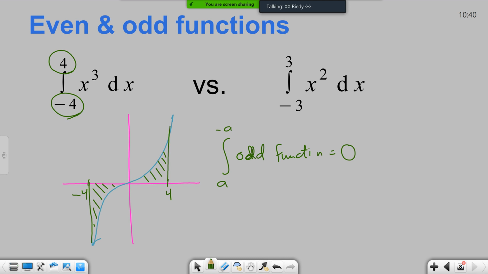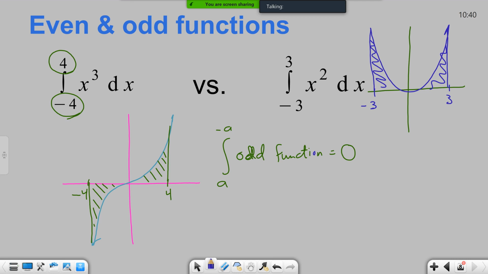It's not so pretty with even functions, but they are symmetric. So, for instance, I want to go from negative 3 to 3. Hopefully you notice the answer isn't 0.